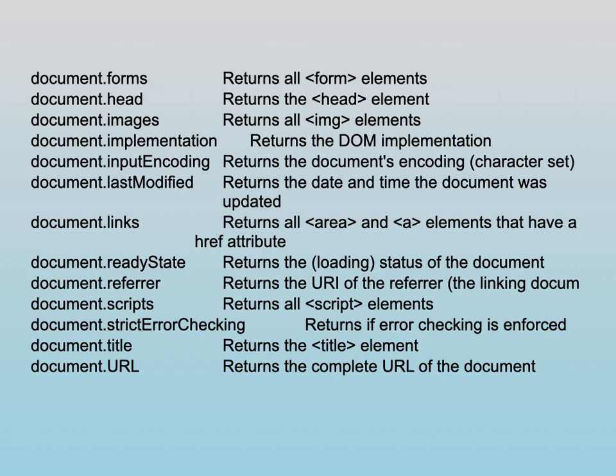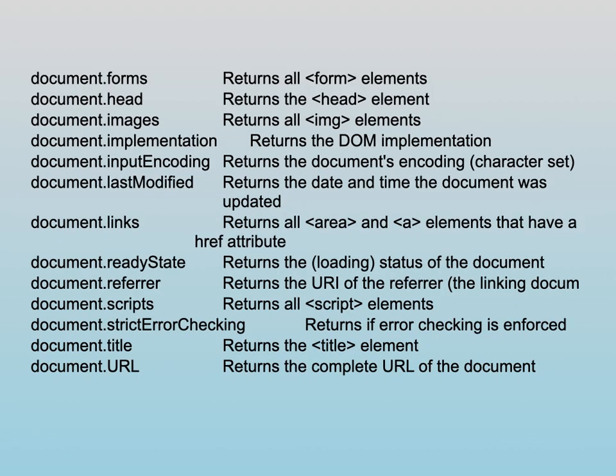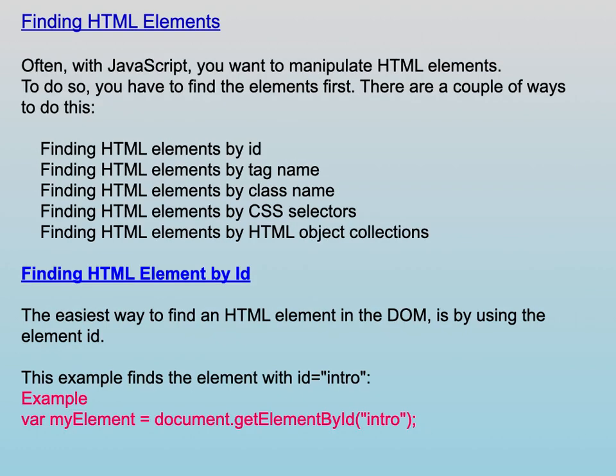Okay, just go through all the properties and their descriptions, starting from document.anchors till document.URL. Finding HTML elements. We already discussed how to find an element by its ID. Often with JavaScript you want to manipulate HTML elements.